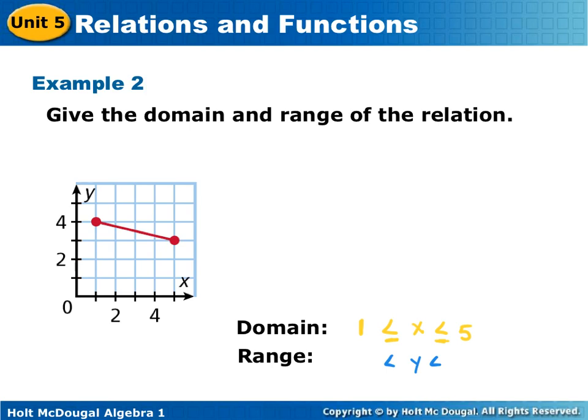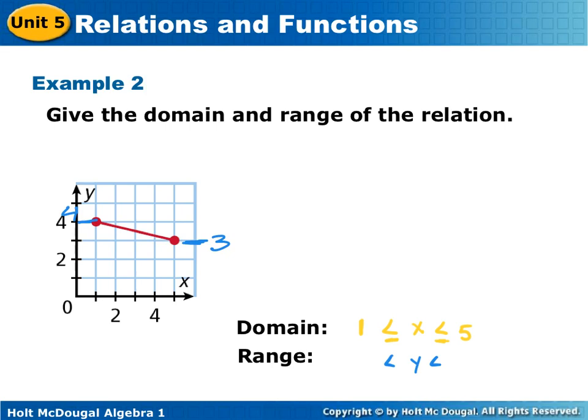Now, when I'm doing this, here's the thing to see. And I'm going to be very generous at the start of this. But typically when you write inequalities, you always want your smaller number on the left, your bigger number on the right. Well, what are the two Y numbers that we're dealing with here? Well, this is the number 3, and then the top would be the number 4.